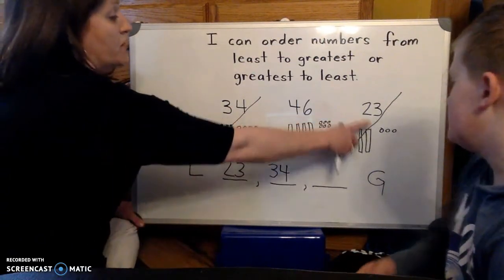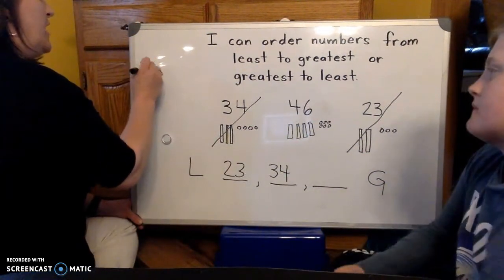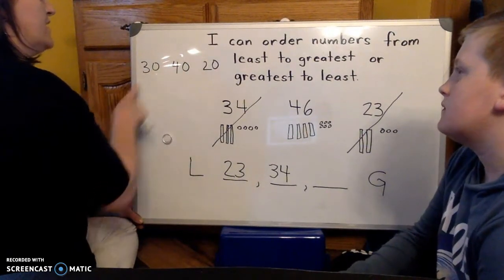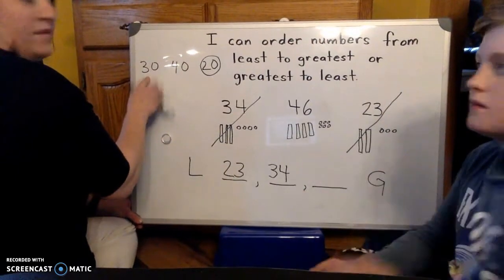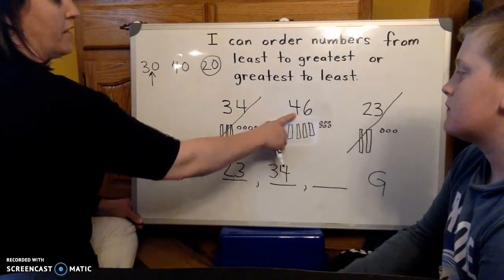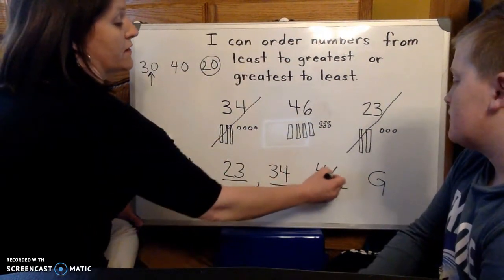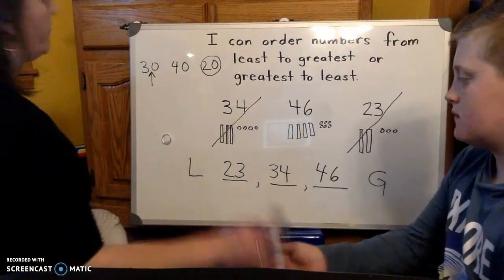And the value of 2 tens is 10, 20. So think about that. If you have 30, 40, and 20, which is the value of those tens, this one is the smallest, then this one, and then 40 is the greatest. So the last one in our least to greatest is 46.